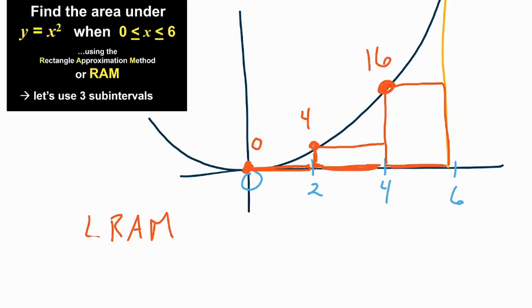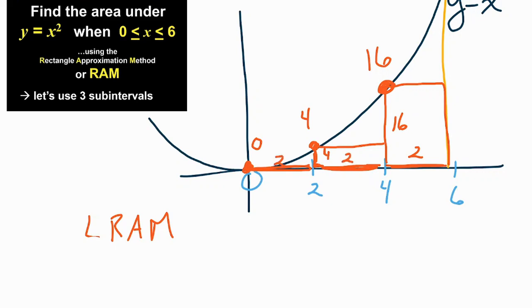Now, these red numbers that I wrote down didn't just come from magic, they came from the equation. So keep in mind that I simply plugged into the equation, and that gave me each of those y values. But really, those y values become part of the dimensions of each of these rectangles.